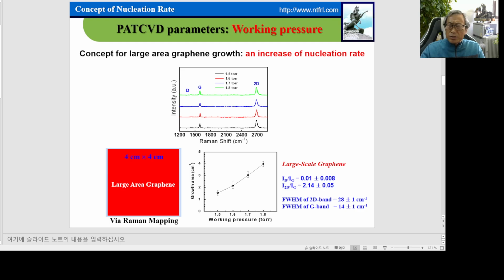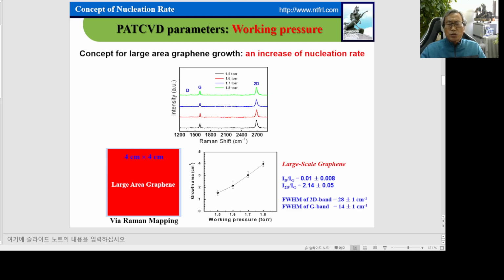The grown graphene was analyzed by Raman. You can see that our graphene doesn't have a defect, and all of the graphene shows a monolayer.